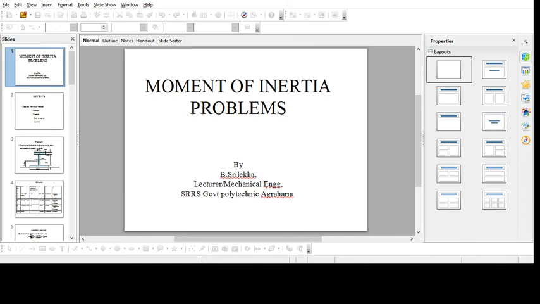Now the moment of inertia about x is Ixx equal to Ixx1 plus Ixx2. Ixx1 means Ig plus A h square, and Ixx2 means Ig2 plus A2 h2 square.